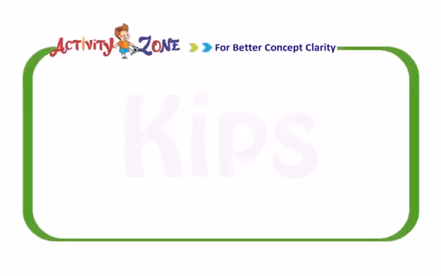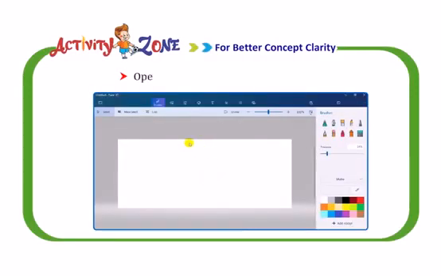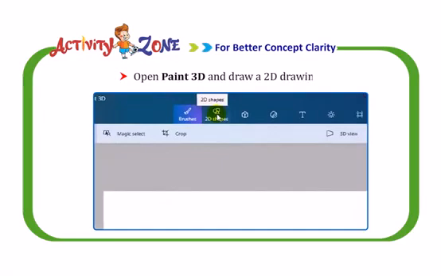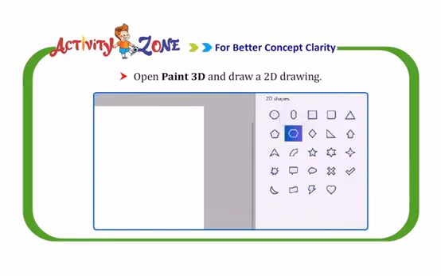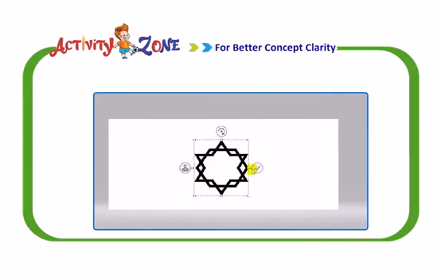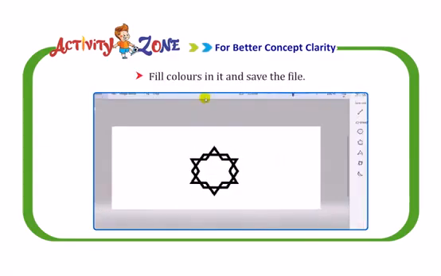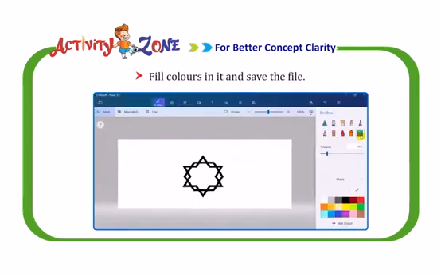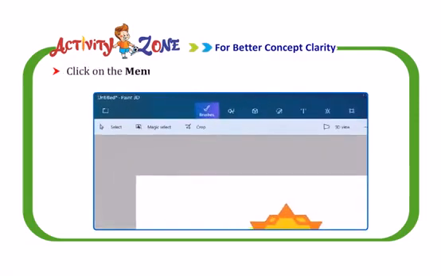Let us do an activity using printer for better concept clarity. Open Paint 3D and draw a 2D drawing. Fill colors in it and save the file. Click on the menu icon.